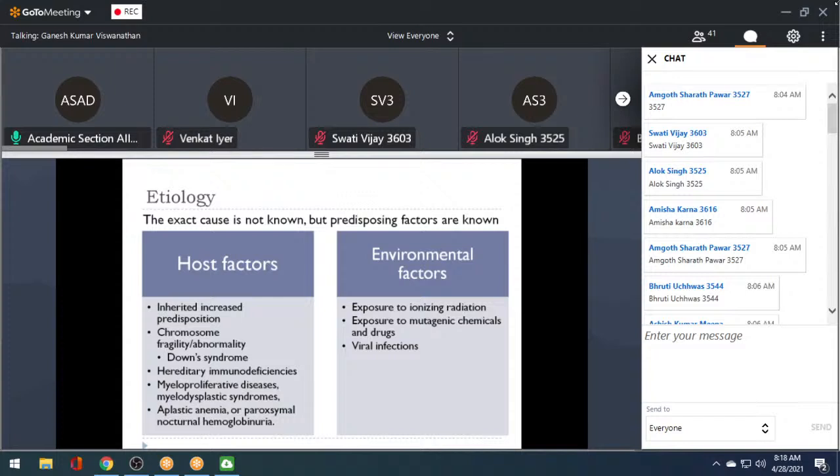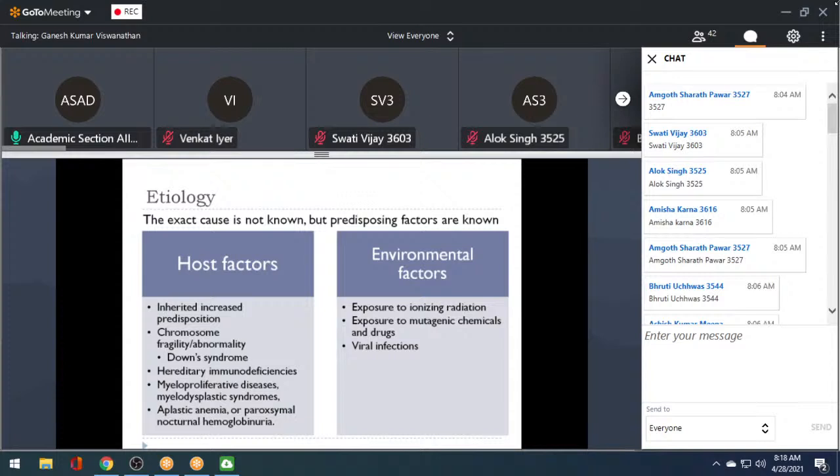So what are the host factors or the patient-related factors? There are some patients who are born with a predisposition, meaning they have something in their chromosomes, something in their genetic makeup that leads to increased risk of cancers. One example is Down syndrome. These patients have a lot of cancers, one of which is leukemia.